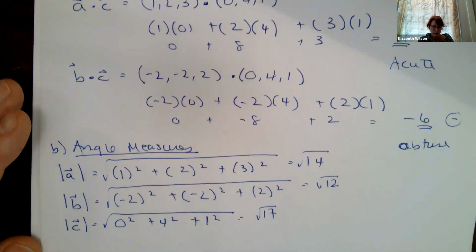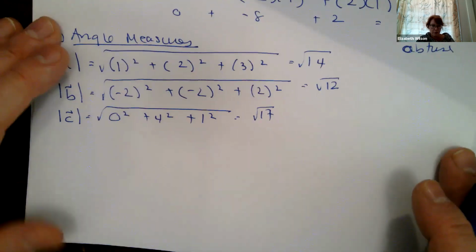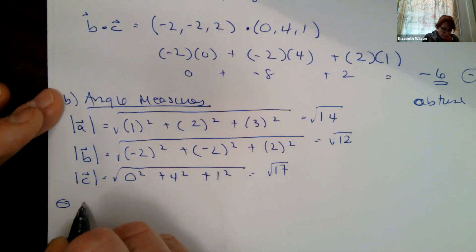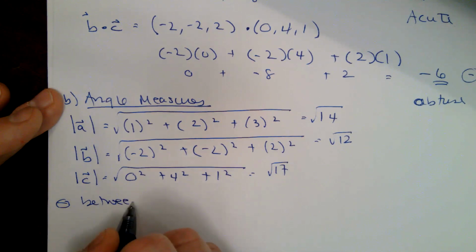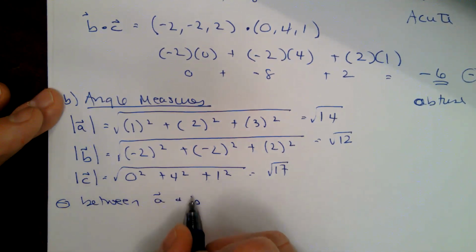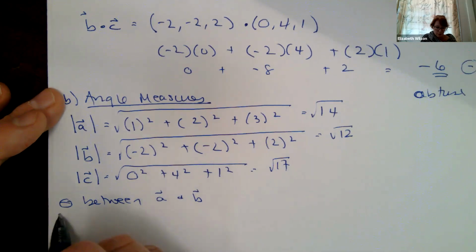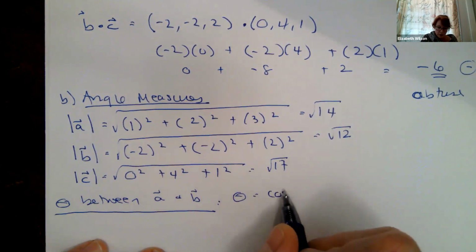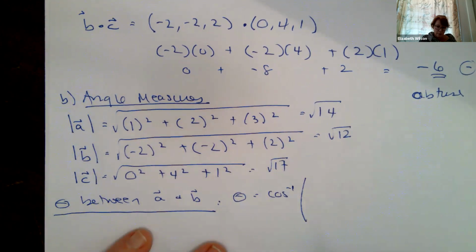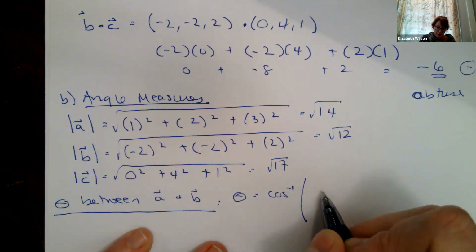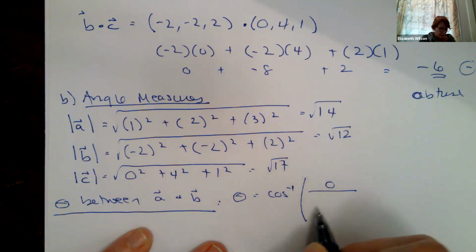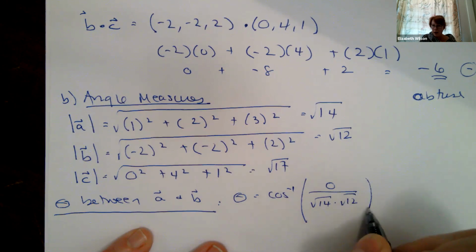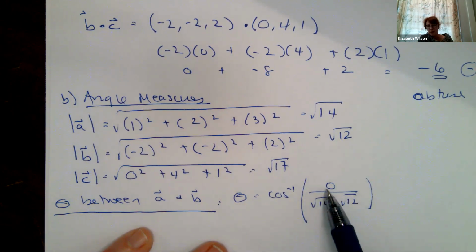Now I want to calculate the angles between the various vectors. Theta is our angle between the vector A and the vector B. So theta equals the inverse cosine of the dot product A dot B, which we said was 0, divided by the magnitude of A times the magnitude of B. I'm showing you the inverse cosine of 0.